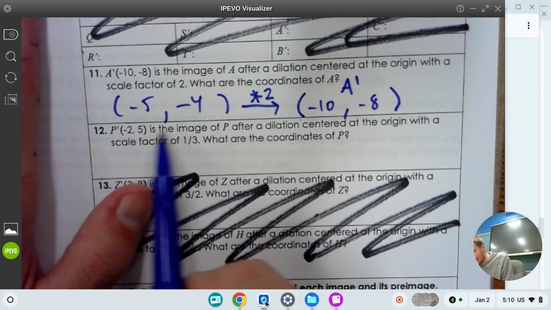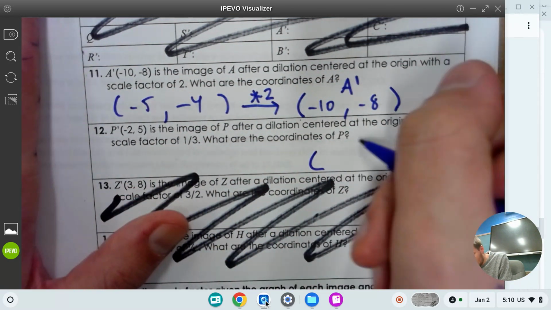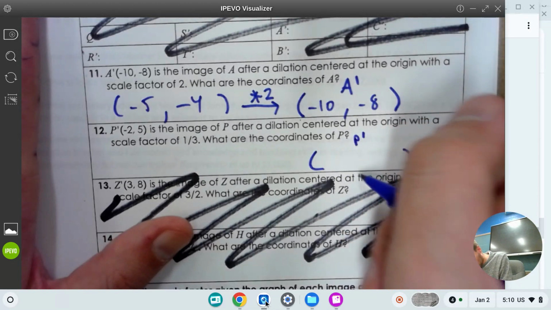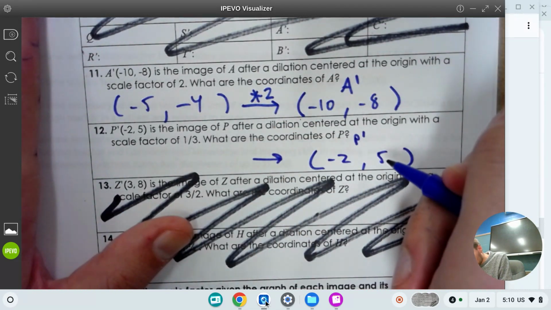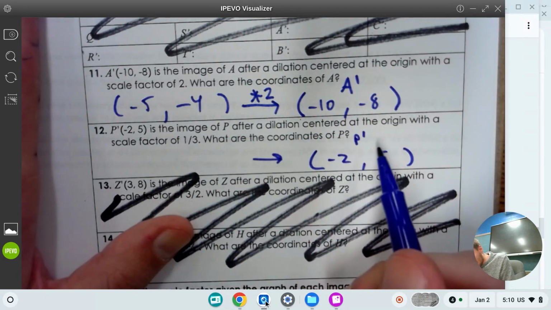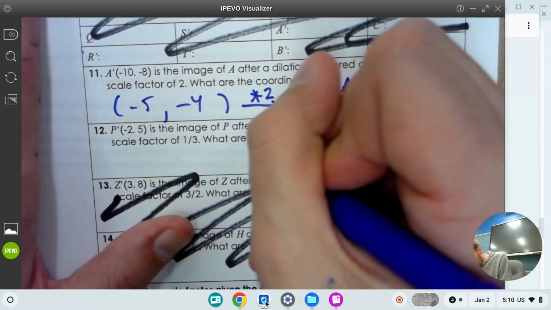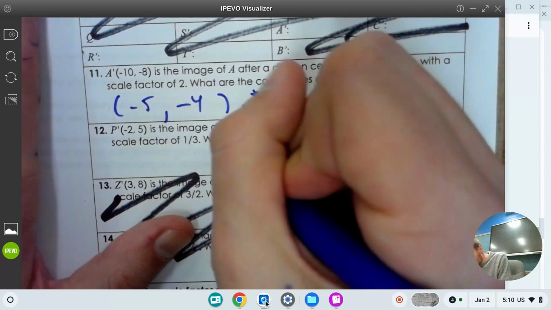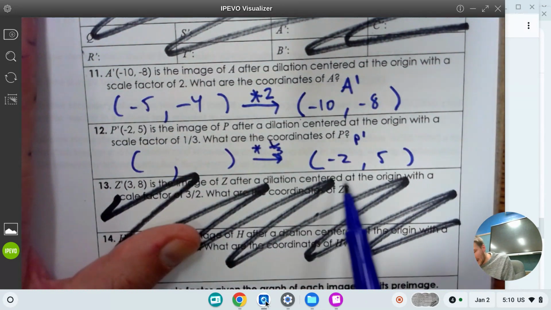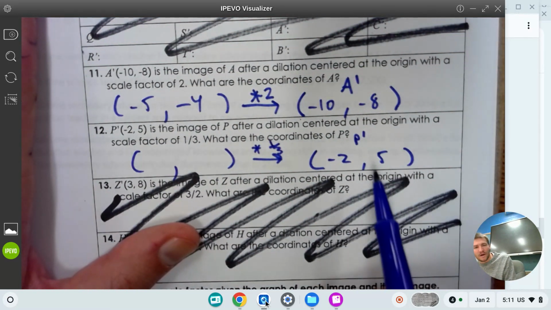Same thing here. P prime is the image which has come after the dilation at the origin with a scale factor of 1/3. So you might be thinking, oh my God, I gotta do 5, 1/3 of 5.